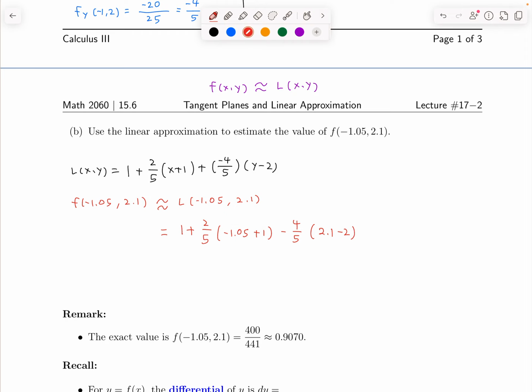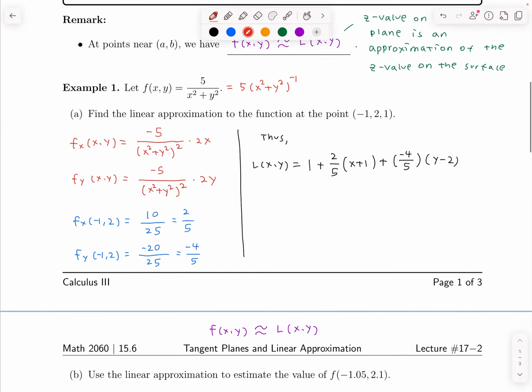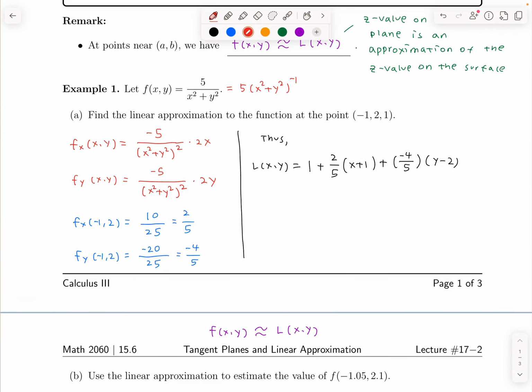So you can see that previously we have our linear approximation in this form on purpose. We don't try to simplify it, because usually the problem will give you some x value near negative 1 and some y value near 2. When we plug in the x and the y right here, we will do some simplification.